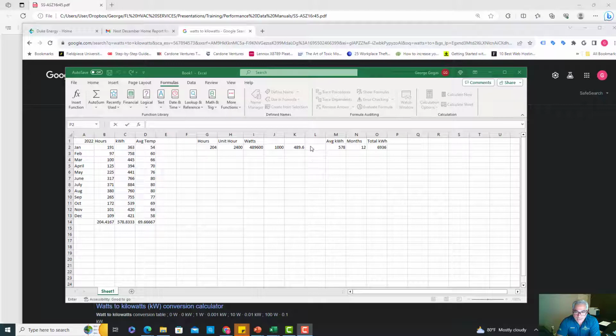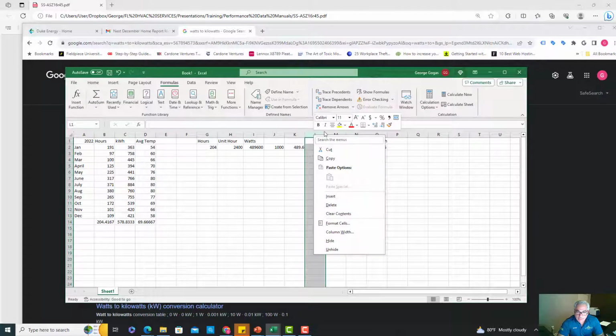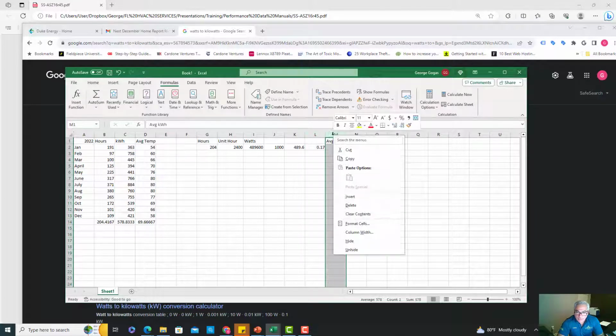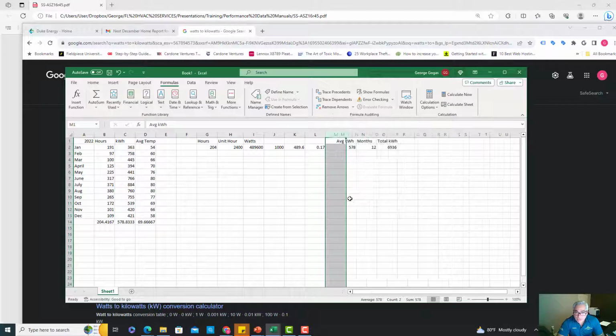So now, let's just take what I'm paying for on my electric bill on average per month for the air conditioner alone. Okay, so let's say the rate is 17 cents per kilowatt. That's a little high. Depends what your rate is. You got to check your rates.